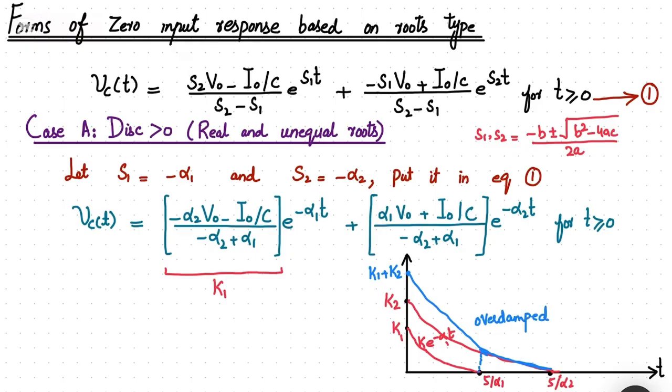Why this is called overdamped would be discussed towards the end of the lecture, but we have to keep in mind that when the roots are real and unequal, our response type is overdamped, and the function Vc of t for zero input response is similar to k1 e raised to power minus alpha 1 t plus k2 e raised to power minus alpha 2 t, where k1 and k2 are constant coefficients, and these values can be calculated based on the initial values of inductor current and capacitor voltage.